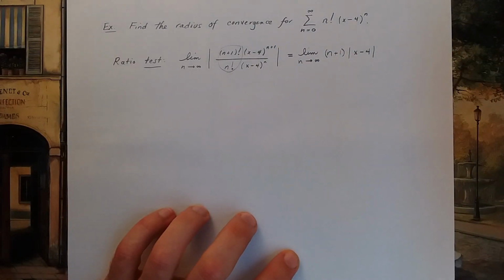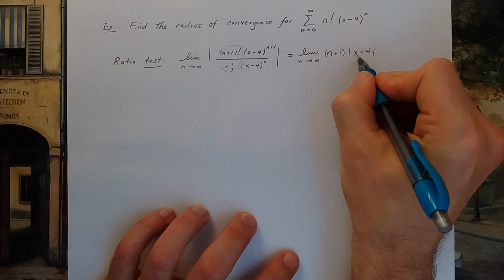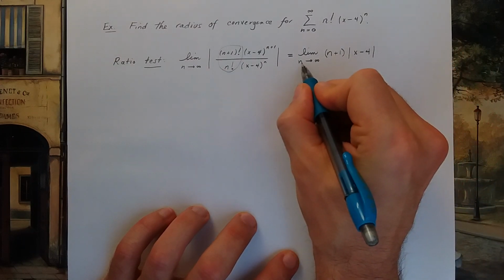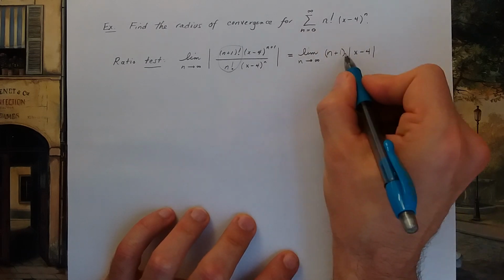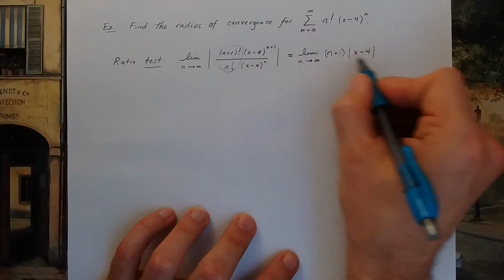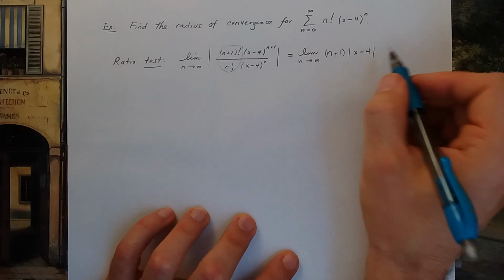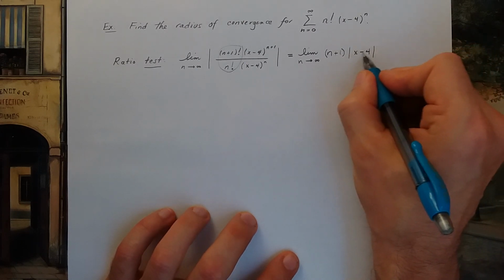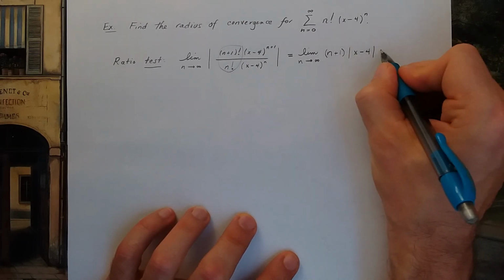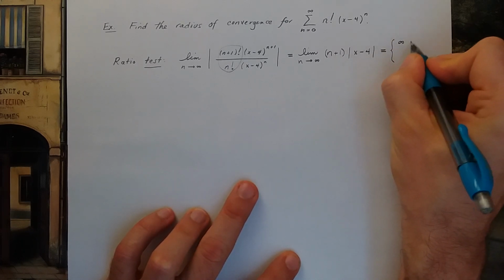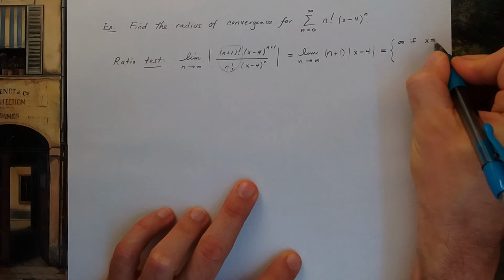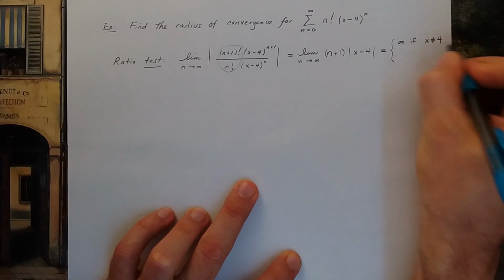Now, x is a constant. The thing that's changing in the limit is n. So as n increases, I get n times something. Okay, now this is almost always infinity. In fact, this is infinity if x is not equal to 4.